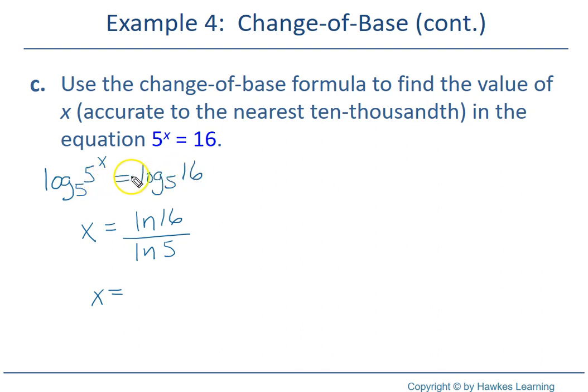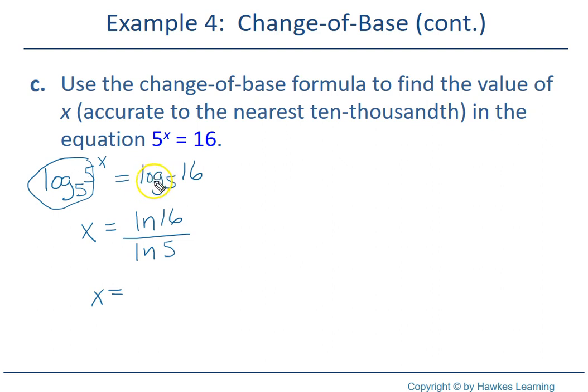So this is a little bit tricky here. But what do you notice over here? When we have base 5 of 5, this is just going to be x then on this side. And now what the book is showing, and you could have used log here, but they're converting it to natural logs.